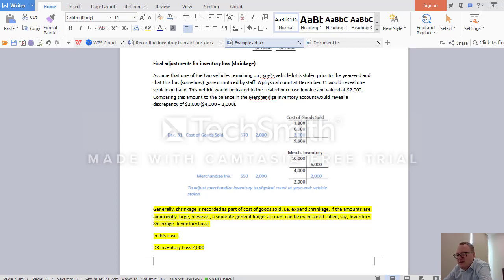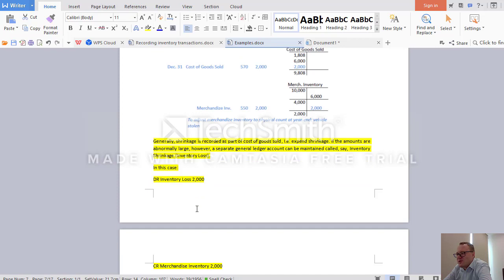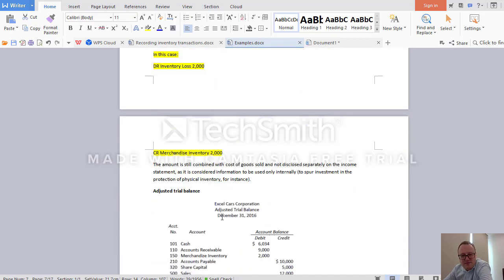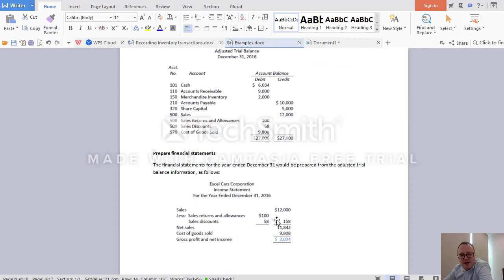But if it is a big amount, at the end of the financial year you discover that a huge amount of inventory is missing, then this shrinkage must be included in an account called inventory loss. It's all subjective. What is a big loss or what is a small loss? Let's suppose that 2,000 is a big loss. Then you will have the adjusted trial balance, and then you can prepare financial statements.